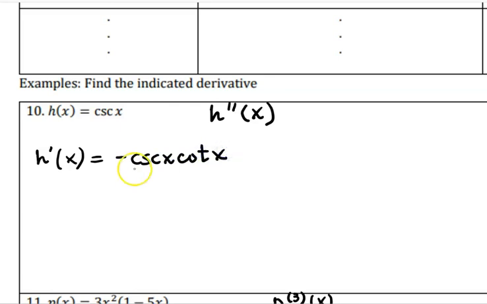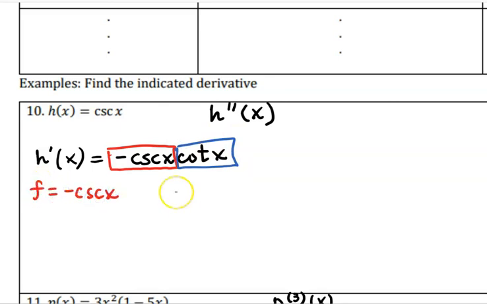To find the second derivative, we will have to use the product rule to take the derivative of this again, because we have these two functions multiplied together. So I'm going to say that f is negative cosecant x, and I'll say that g is cotangent x. And then we're going to need f prime, and we're also going to need g prime.